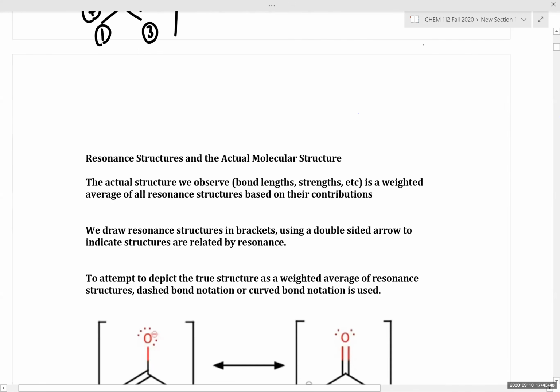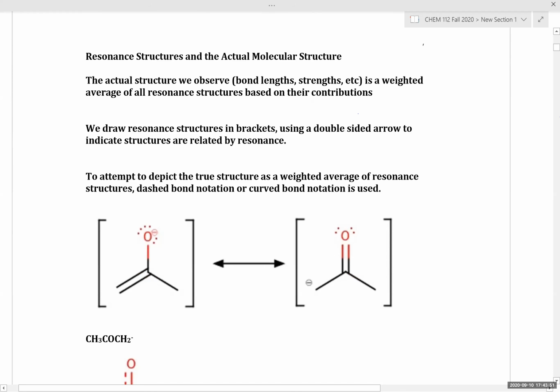So in terms of resonance structure and the actual molecular structure, the actual structure we observe is a weighted average of all resonance structures based on their contribution.